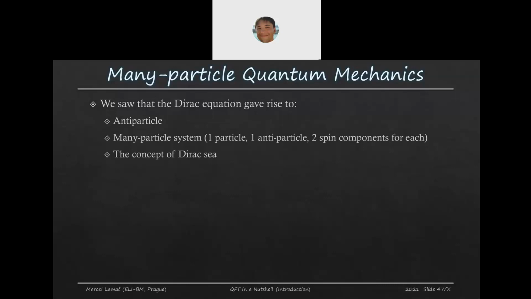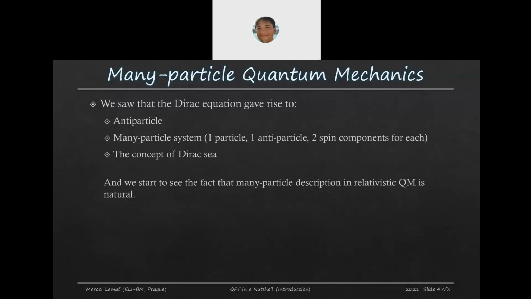And even when we're just talking about the necessity of relativity and the concept of the Dirac sea, which on its own is somehow already an infinite number of degrees of freedom concept, because we're claiming that in this system we have an infinite number of electrons that are saturating the negative energy states. So on its own, as a concept, it is for sure a many particle, infinite number of degrees of freedom kind of thing.